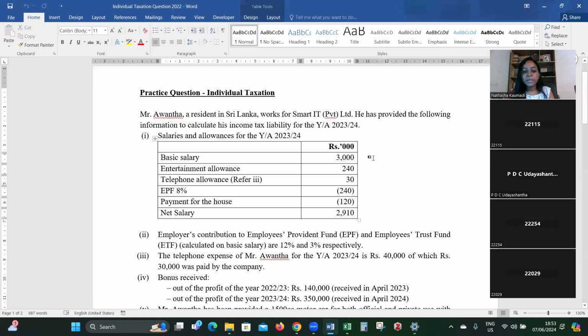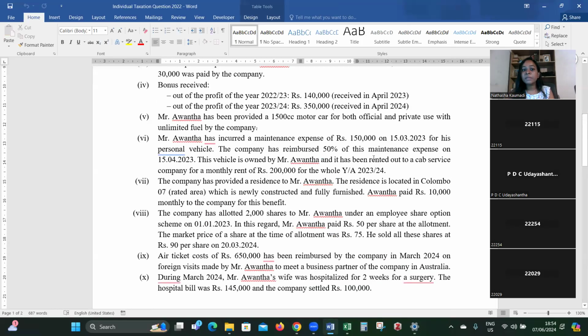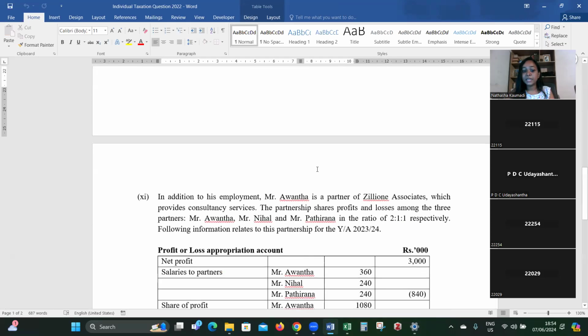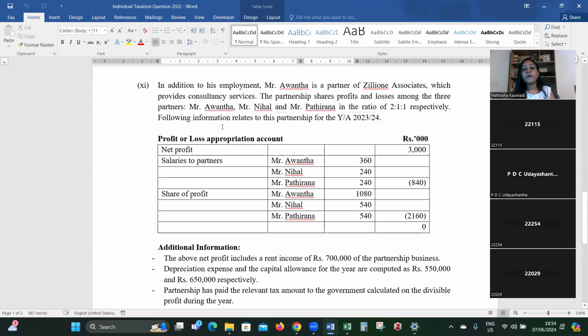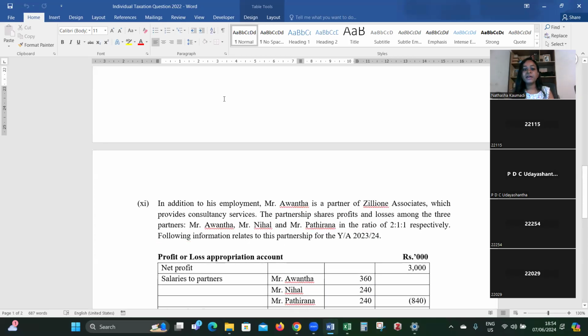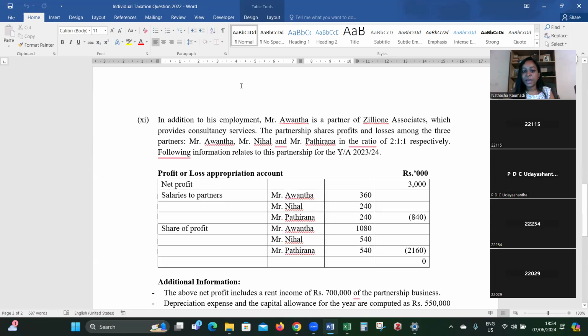So in that company, these are the employment benefits and other benefits, maybe rent and others, he has received. But from this point onwards, we are going to talk about this partnership as well. That's why I was about to read the full question before starting the sum, because it's not a completely employment income question. You have this partnership as well.